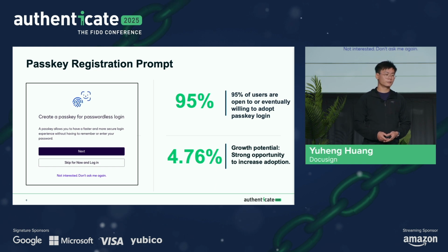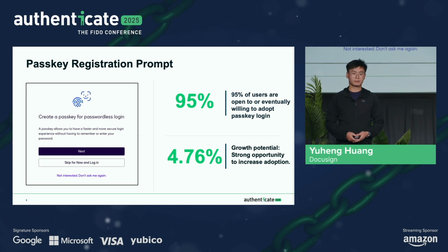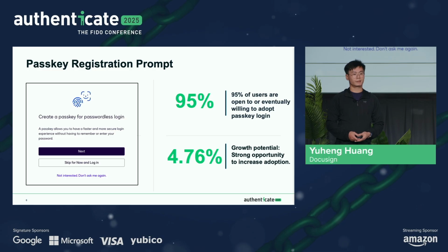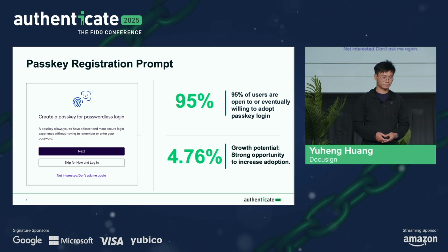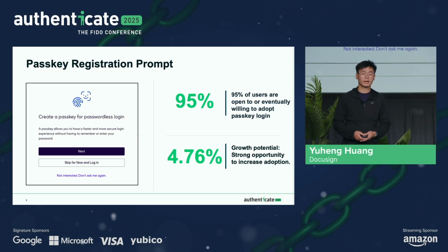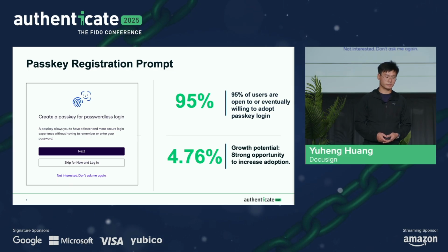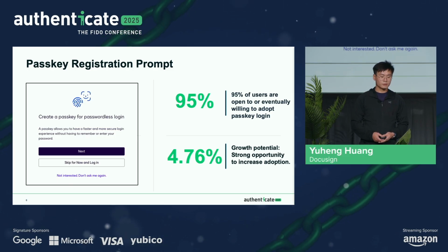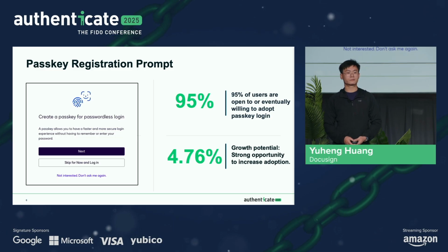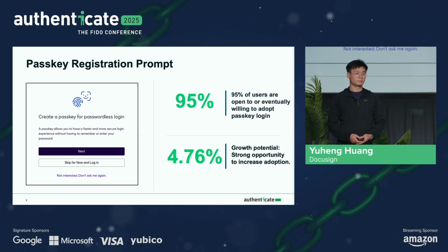Currently, Docusign only sees 4.76% of overall login traffic that uses passkeys. This really shows us we have a lot of room to grow and opportunity to drive higher adoption for passkeys. To help with this, we offer two ways for a user to register a passkey.